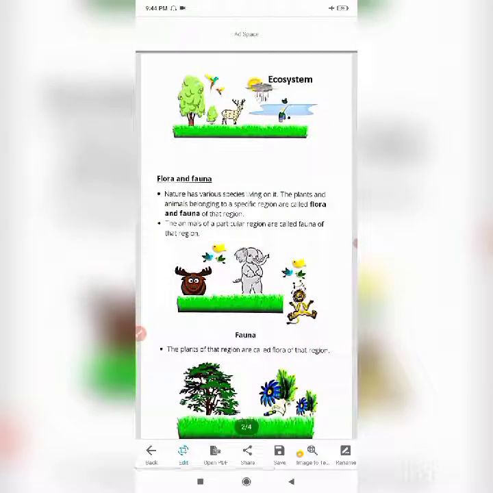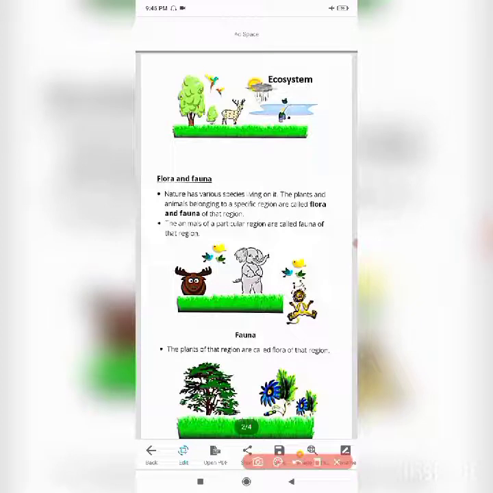In this interrelation between plants and animals, their interaction with the physical environment forms an ecosystem.